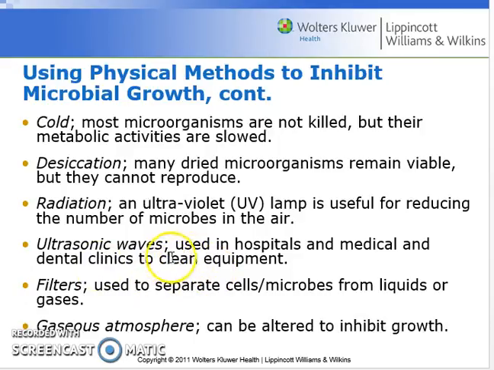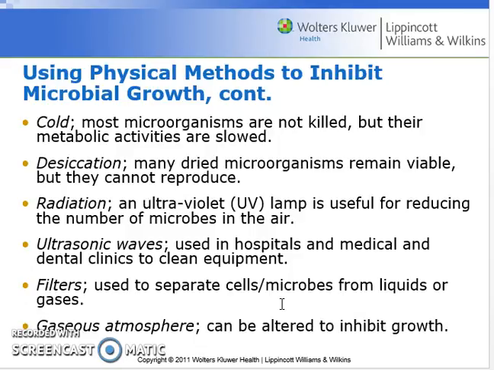Ultrasonic waves are those that are used in hospitals and medical dental clinics, and these waves can be used to clean equipment. The ultrasonic waves just get so powerful they cause the cells to lyse. We can also use filters to separate cells from liquids and gases, to sterilize them. There are some media out there that can't be autoclaved to ensure sterility, so we end up filtering the media.